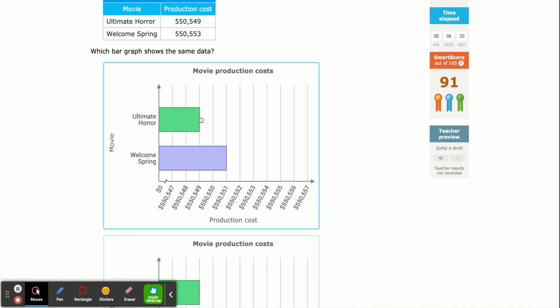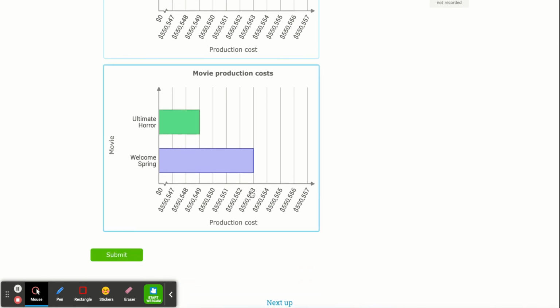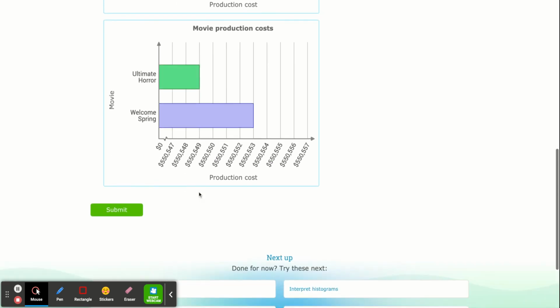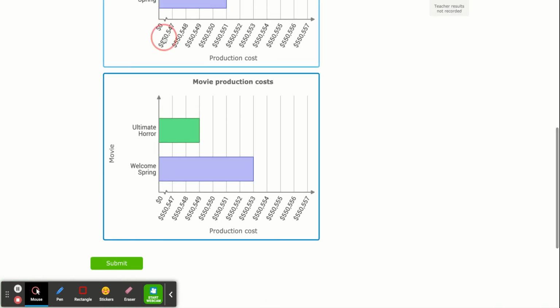So Ultimate Horror movie production cost. Ultimate Horror was $550,549, where the Welcome Spring was $550,553. So it's this bottom one. So I guess I click on that. Yep, I click on the bottom one and hit submit.